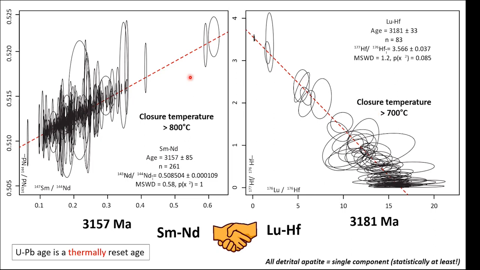So using isochrons calculated from our detrital apatite population for samarium-neodymium and lutetium-hafnium, you will notice that these ages are remarkably in agreement with each other. And there is a discrepancy between the age maxima obtained from apatite uranium-lead and the isochron ages obtained from these two separate systems.